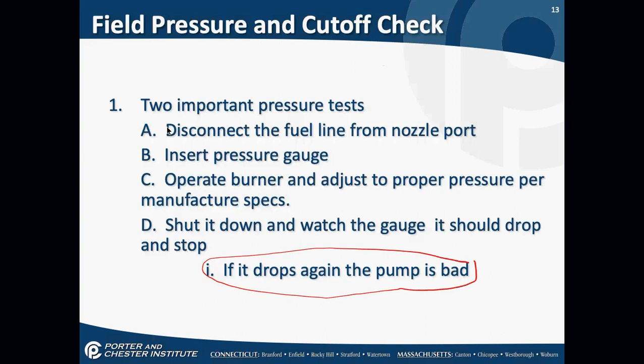We operate the burner, we make sure the pressure is adjusted properly to either the 100 psi or the 140, and then we shut the burner off and we watch the gauge. It should drop and stop, not at 0. If it drops again or slowly creeps down to 0, the pump's bad. Replace the pump.